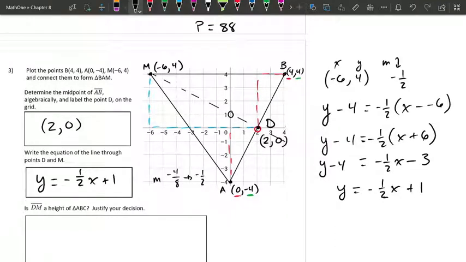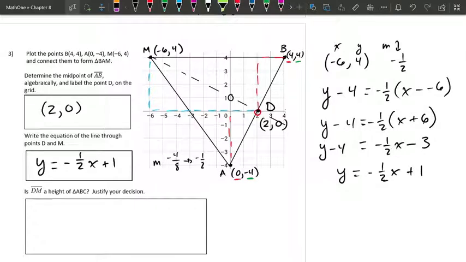And then next it says, is DM a height of triangle ABC? One thing about triangles is that not all the sides of a triangle are heights of the triangle. The only time you have a height is if the base it's connecting to is making a right angle.